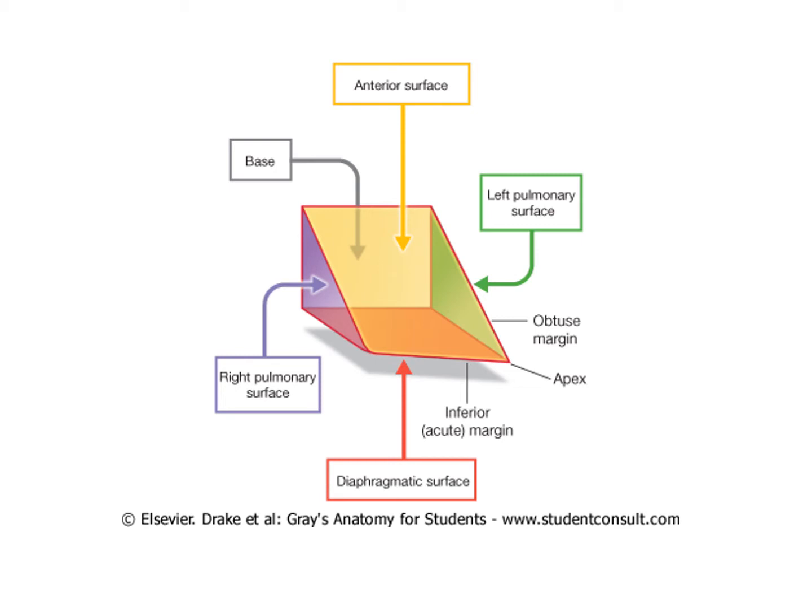A shallow vertical interatrial groove may be found between the two atria, at the posterior attachment of the atrial septum.